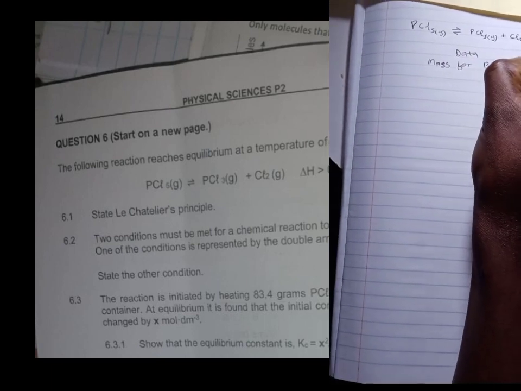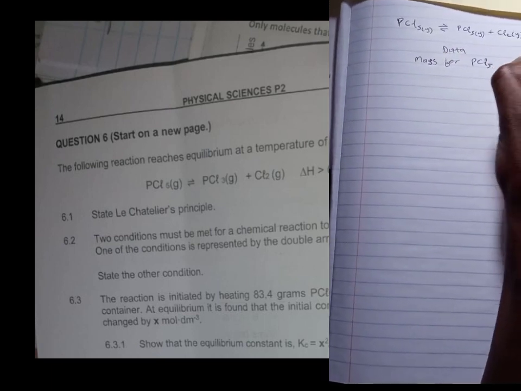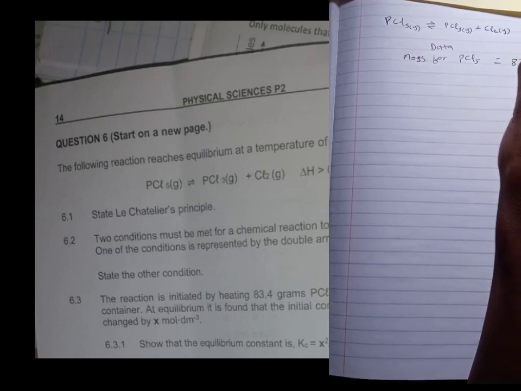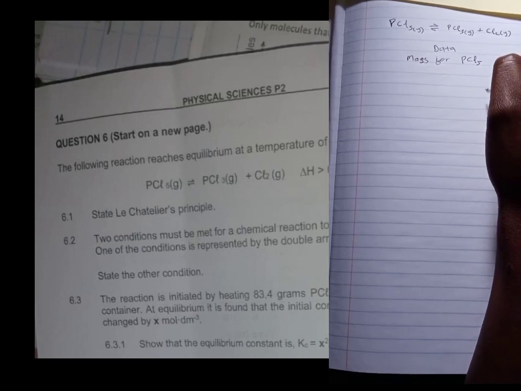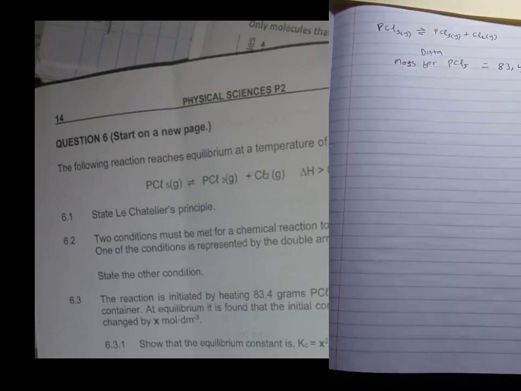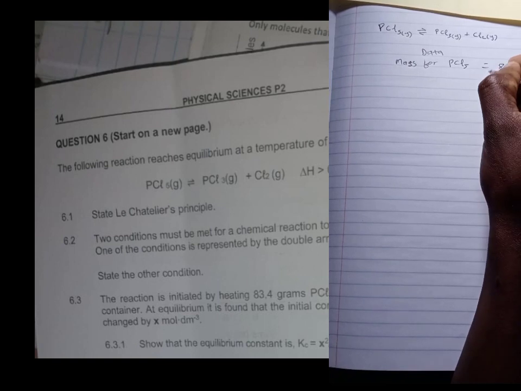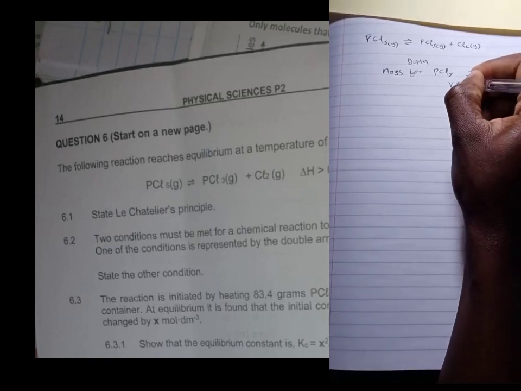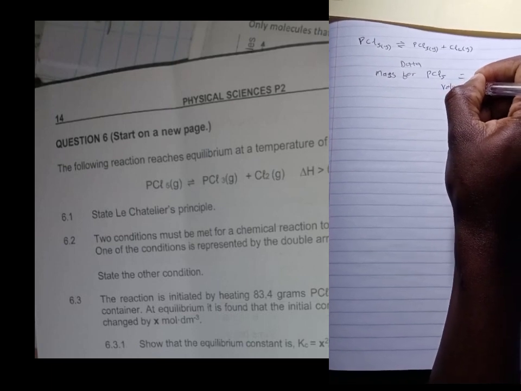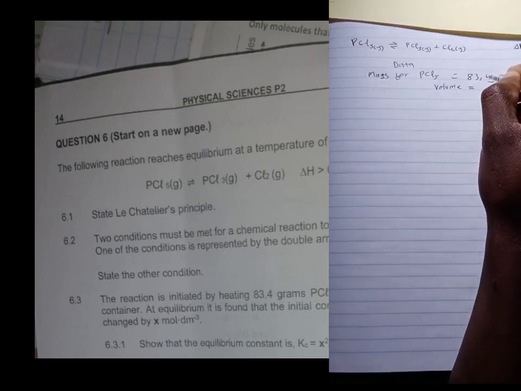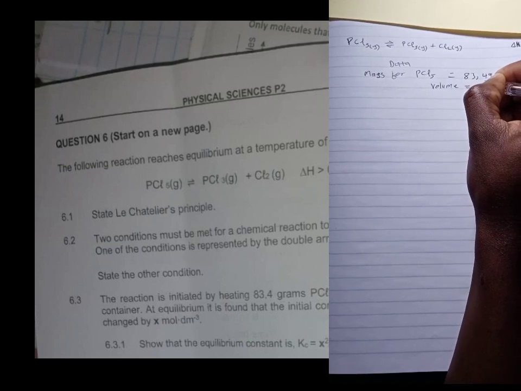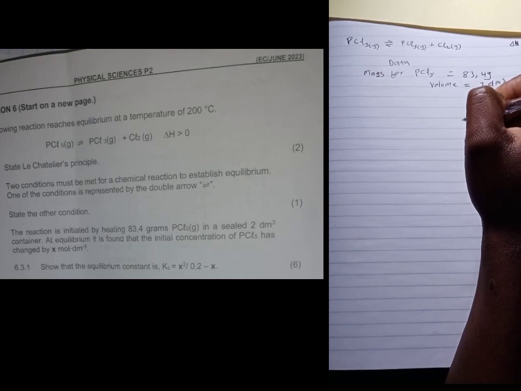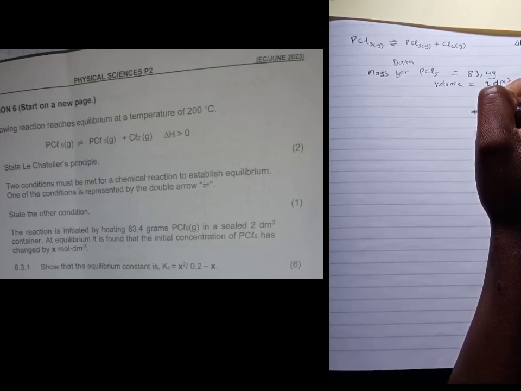It is given for PCl5 to be 83.4 grams in a sealed 2.00 dm cube. So that means that is a volume for this process. It is given to be 2 dm cube.